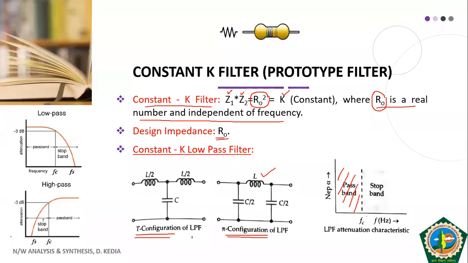Okay. So let me tell you, we represented an inductor with the help of Laplace transform as LS. And your capacitor was represented through Laplace transform as 1 by Cs.